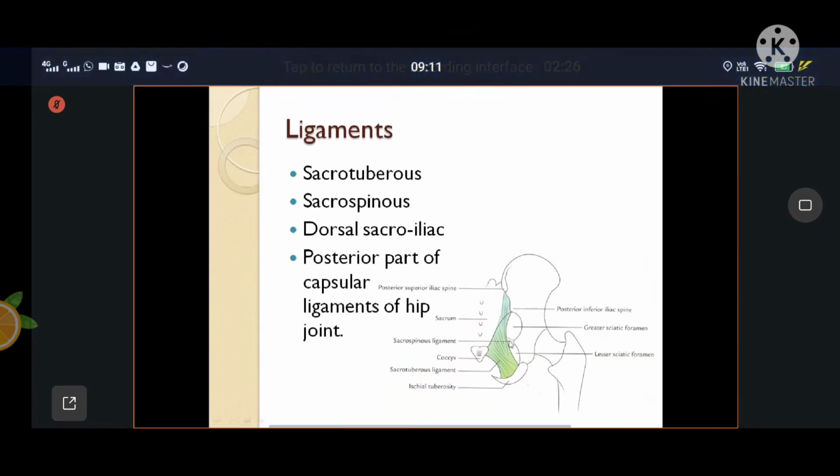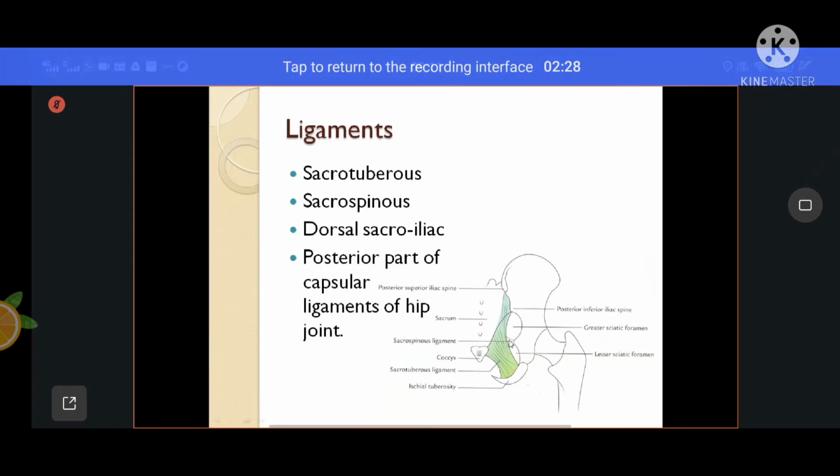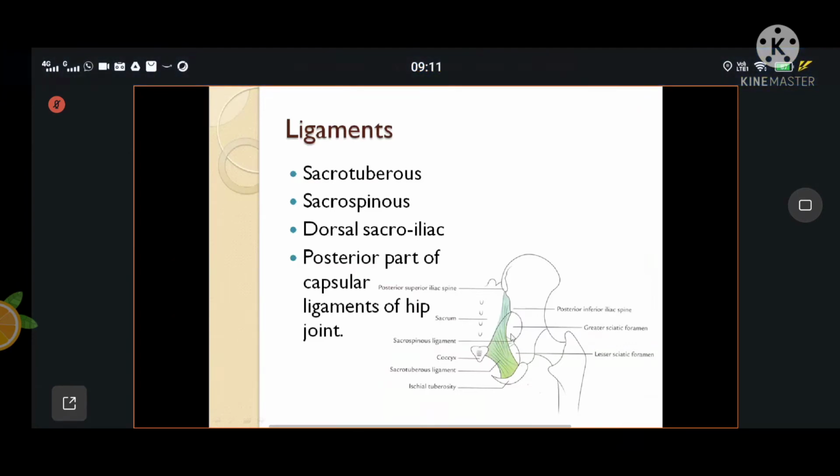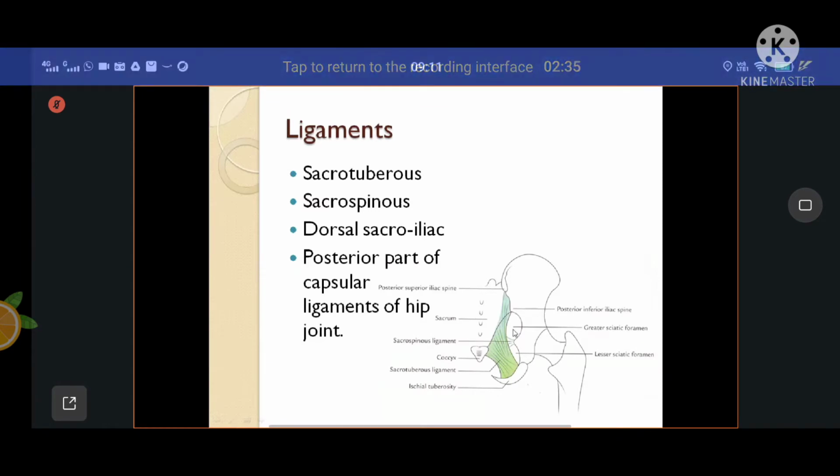This is the sacrospinous ligament, which converts the notches into the greater sciatic foramen and the lesser sciatic foramen, right? So this is about the ligaments.